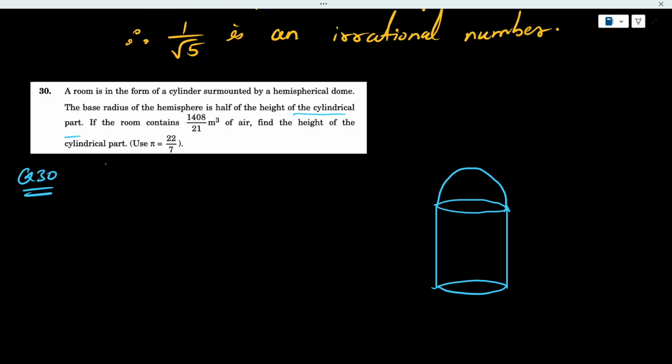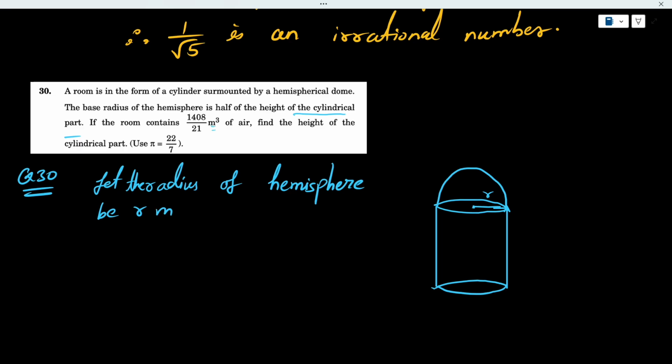Let the radius of the hemisphere be r, in meters, because it's given in meters. Now the radius is half of the height.